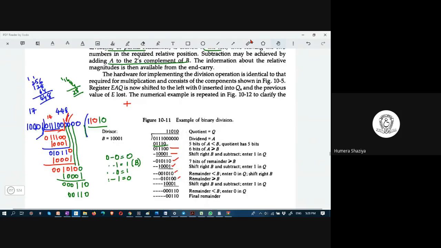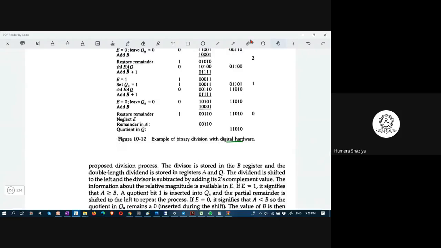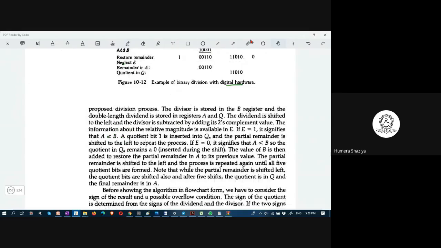All right, and then register EAQ is shifted to the left with 0 inserted into Qn, and the previous value of E is lost. The divisor is stored in B register, and the double length dividend is stored in A and Q. Dividend is shifted to the left.